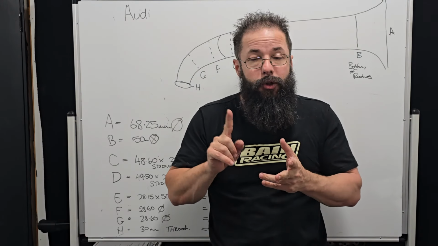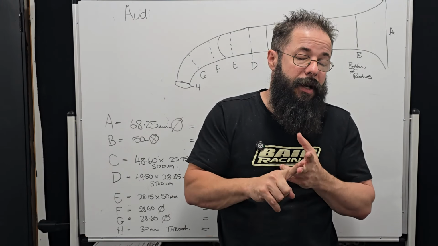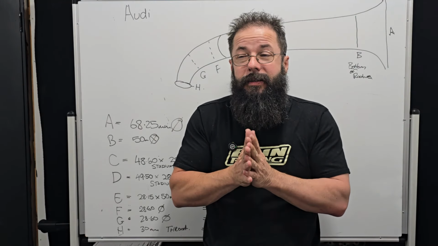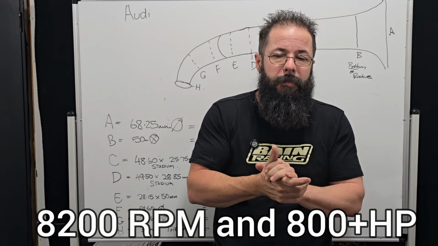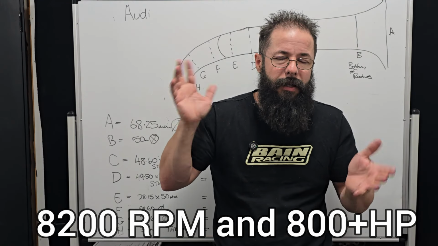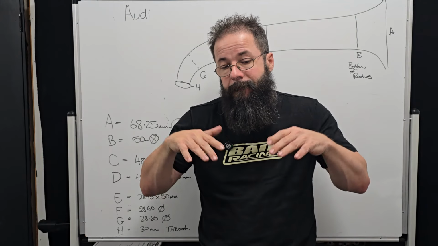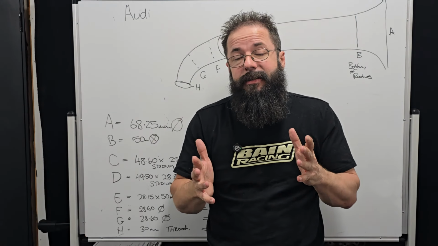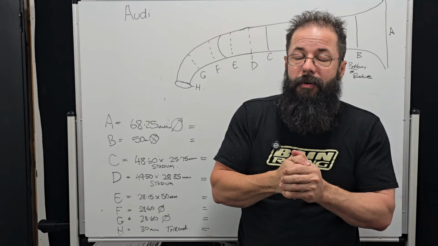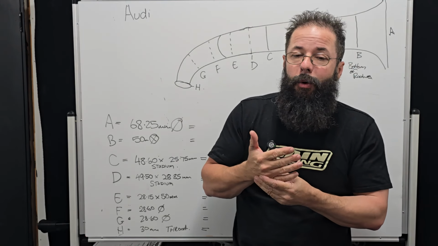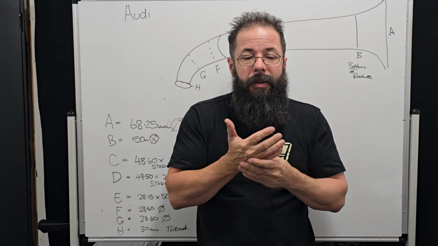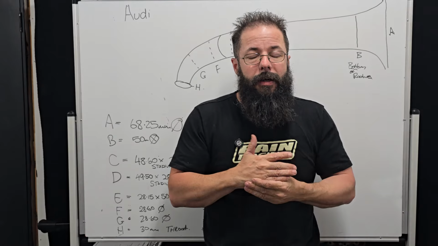See how close it is to our RPM targets. I think our targets on this one are 8.8, so nearly 9,000 RPM, and I think 800 horsepower targets. This is deleting the DFI, the direct injector, and it's only going to run port injector. So that will change a couple of things that we need to look at.